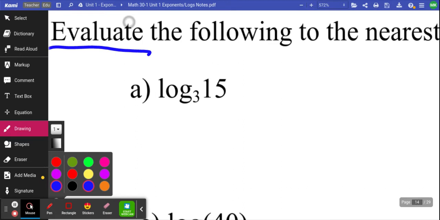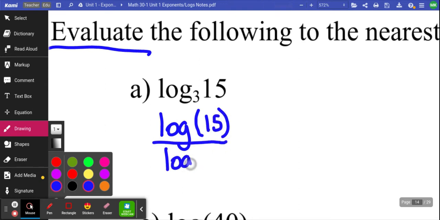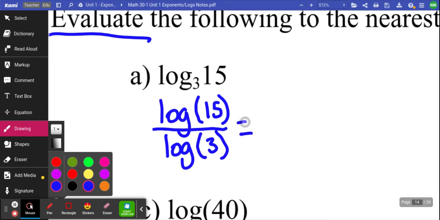This thing would be rewritten as log 15 divided by log 3. I'm changing the base to both be base 10. You throw that into your calculator. Log 15 divided by log 3 is 2.46.